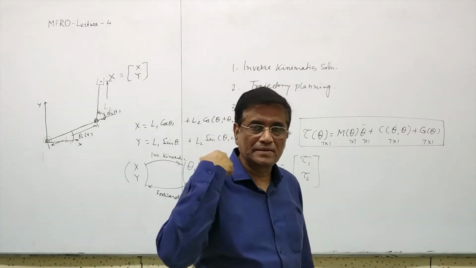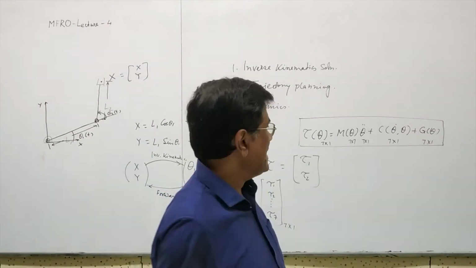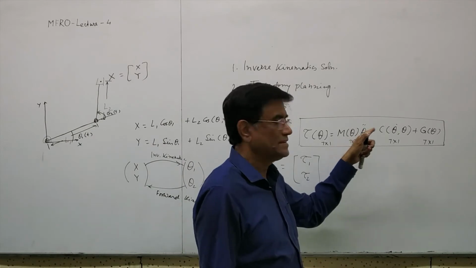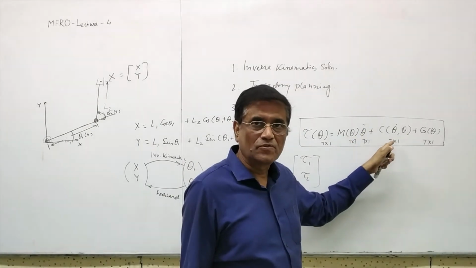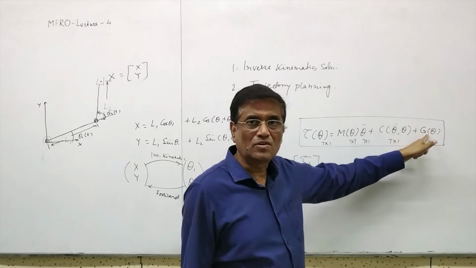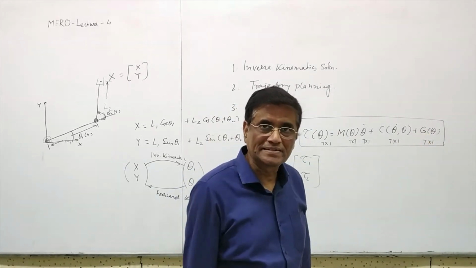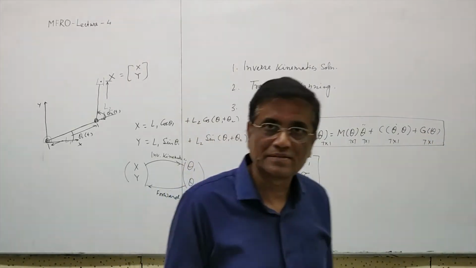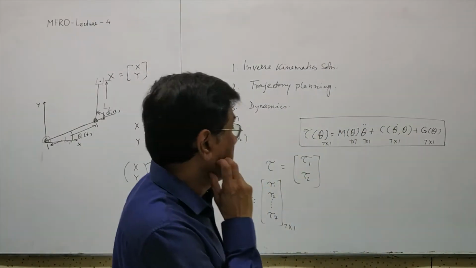Once the torque is there, it will start moving, and that movement will be associated with some acceleration, with some coupling force, with some gravitational torque. Because the movement has to be against gravity, it will resist. That is gravitational torque that it will experience.